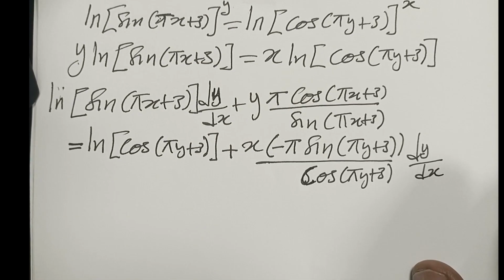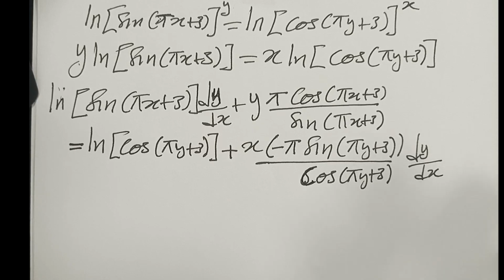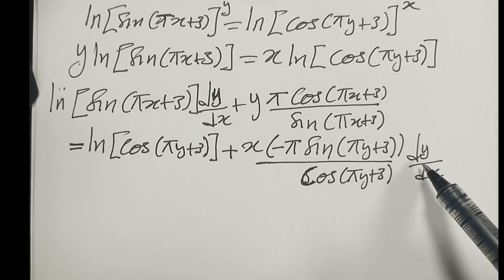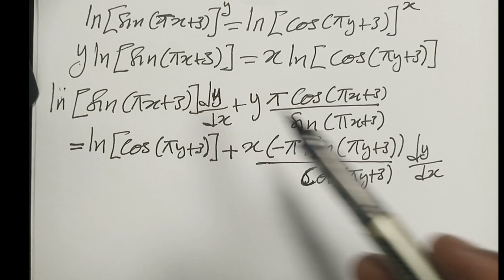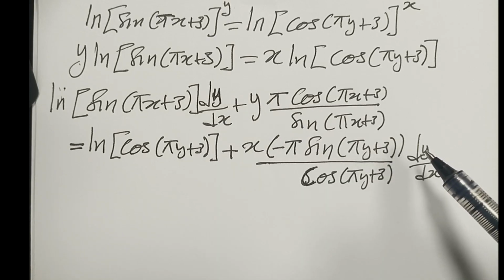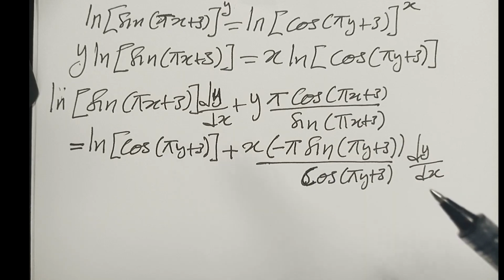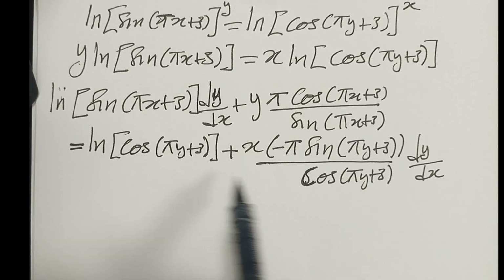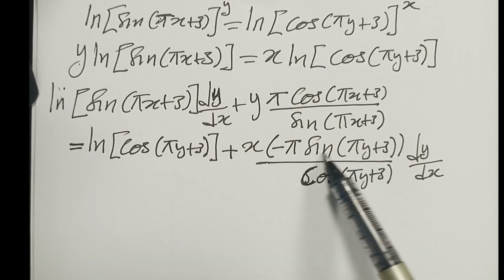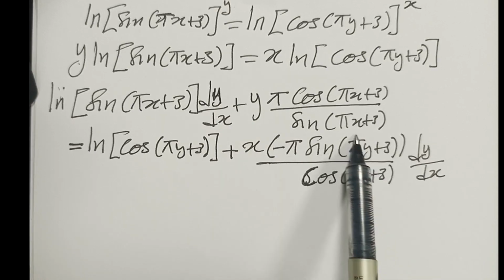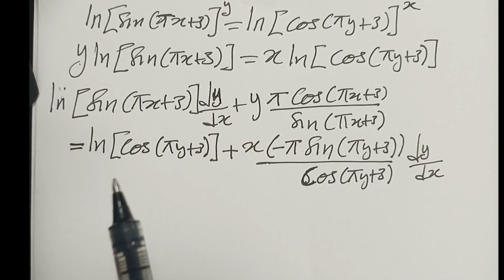Okay, then from here it's a matter of making dy dx the subject. So let us do that. dy dx should be made the subject. We are going to have, so this part, with a negative, can go on the other side of the equation.